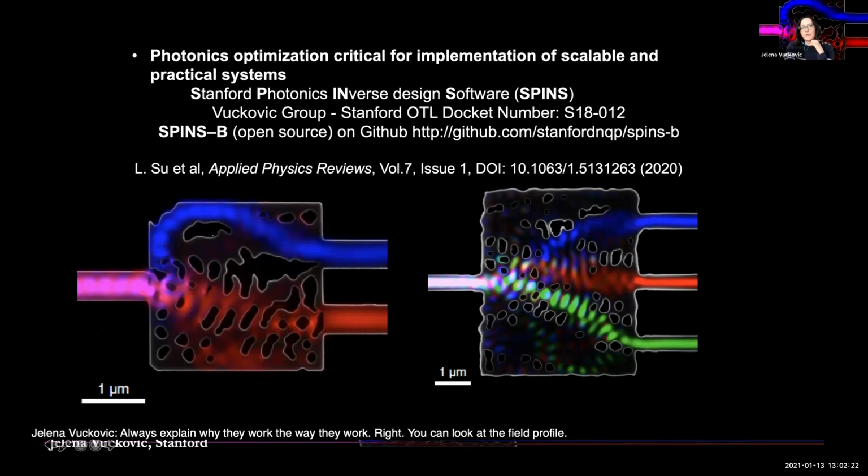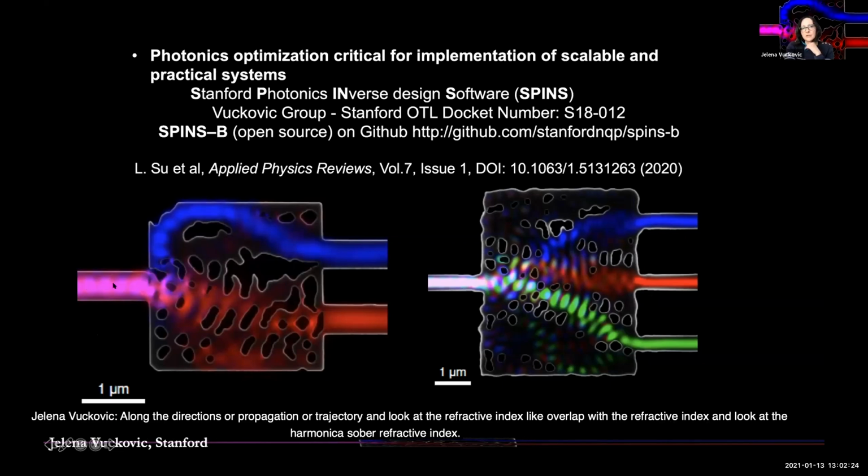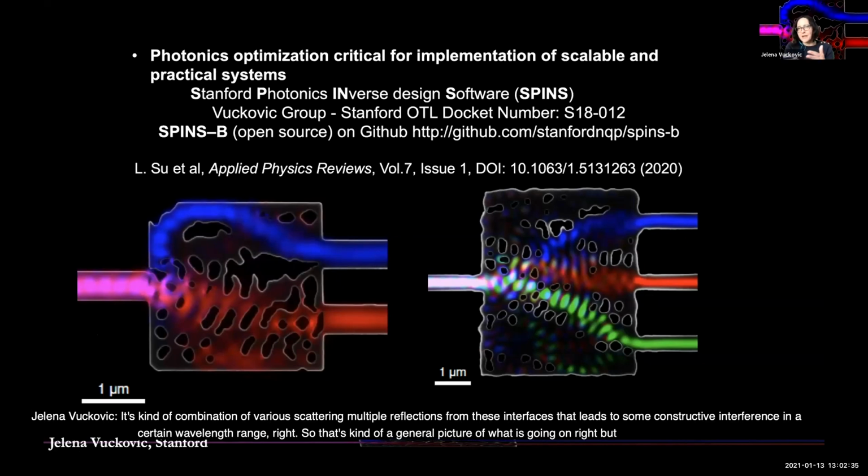You can look at the field profile along the direction of propagation, look at the overlap with the refractive index, and look at the harmonics of the refractive index. It's a combination of various scattering and multiple reflections from these interfaces that leads to constructive interference in a certain wavelength range, right? So that's a general picture of what is going on.